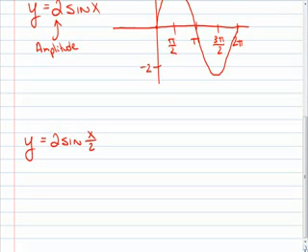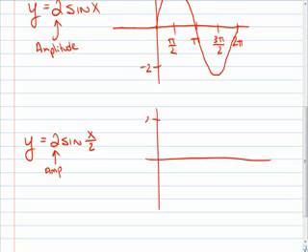So we have 2 times the sine of x over 2. And we want to draw a sketch of this. Two is our amplitude. So it's going to go from positive 2 to negative 2. Now its period is going to be determined by that. X over 2 could be rewritten as 1/2 x.